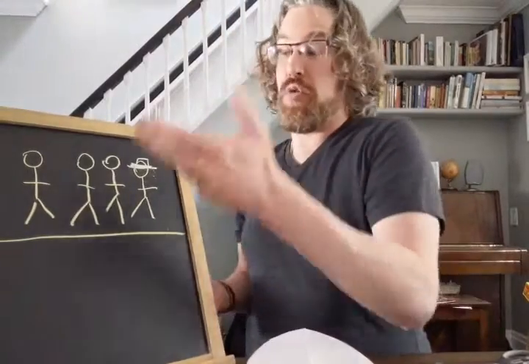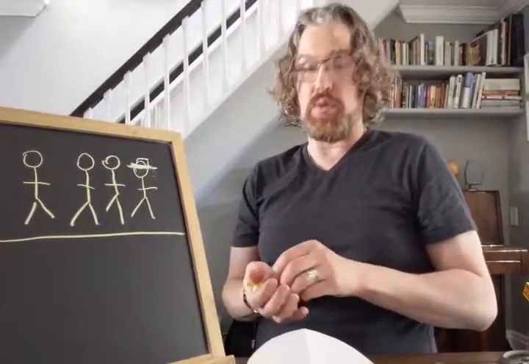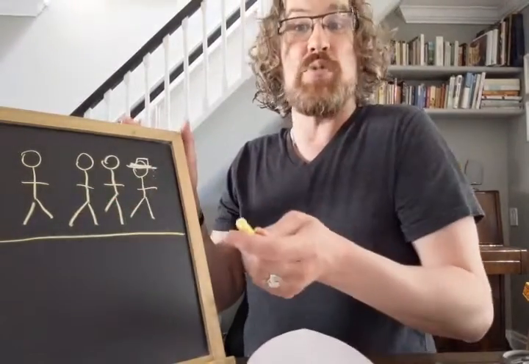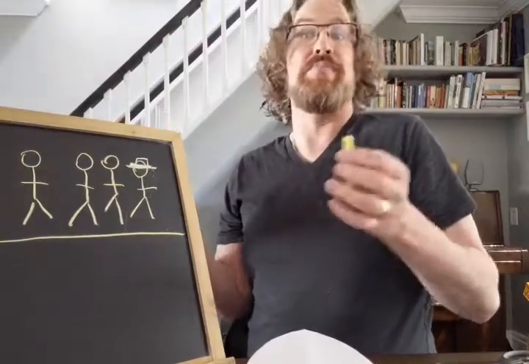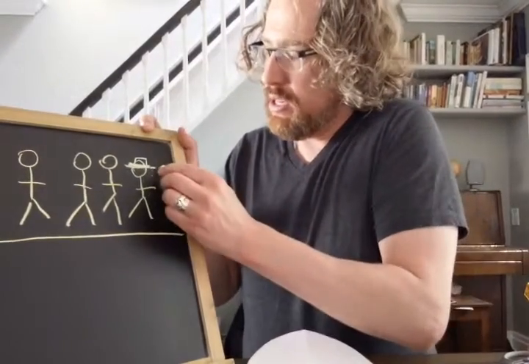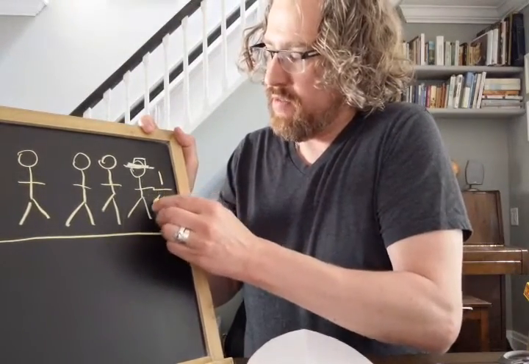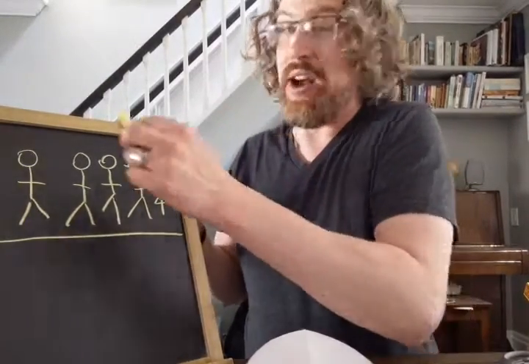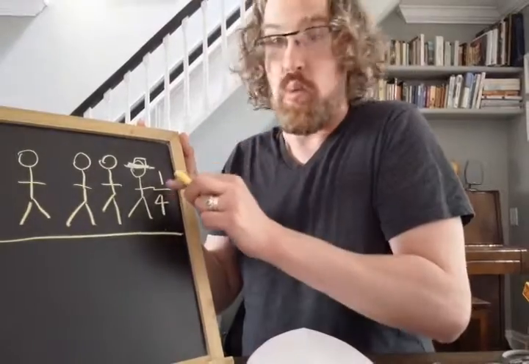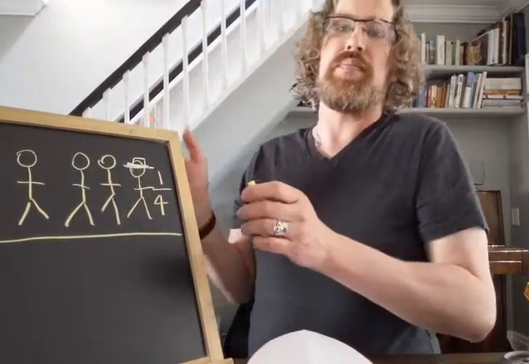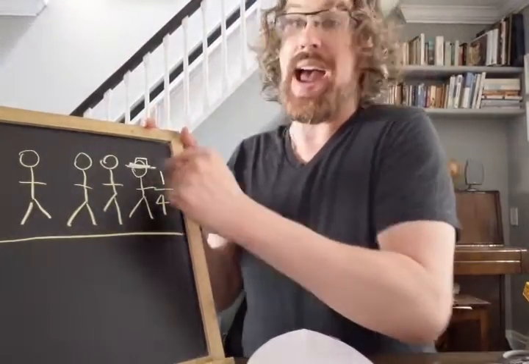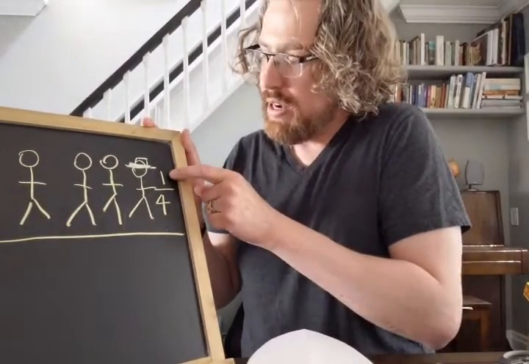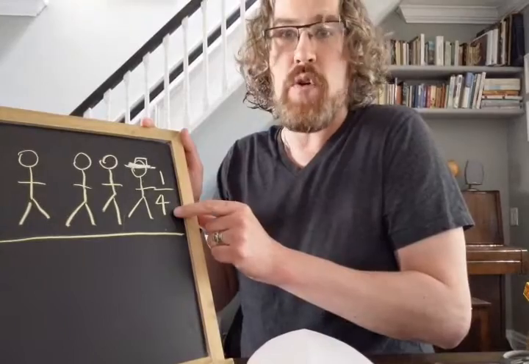So we can show this as a fraction too. 1 out of 4 people is wearing a hat, so the number of hat people is 1/4. See? 1 out of 4 people all together, 1/4.